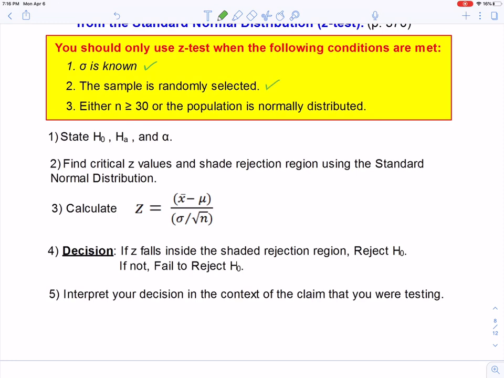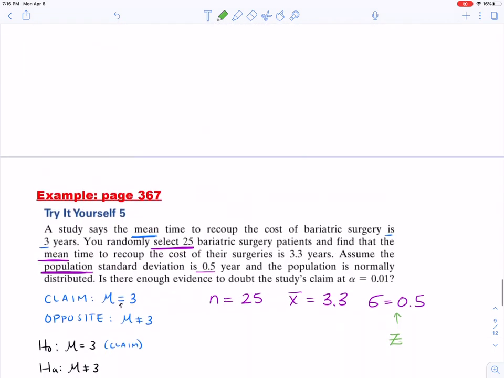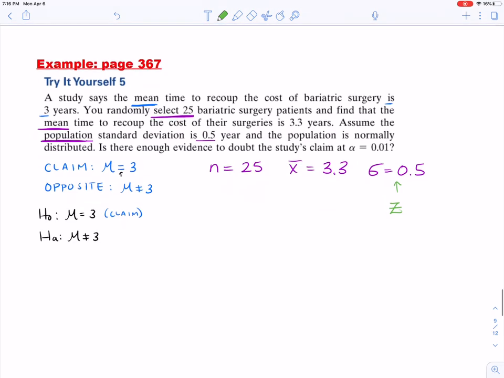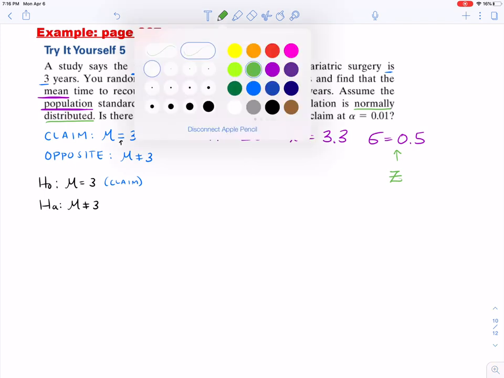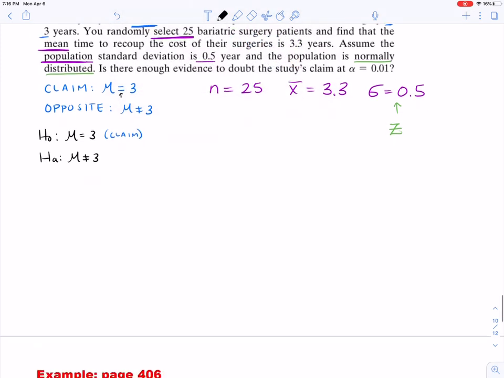And even though my sample size is not 30 or more, I'm still okay because I am given a normally distributed population, which is what I'm seeing right here. So that lets me know that my rejection region and my critical values will come from the standard normal distribution.